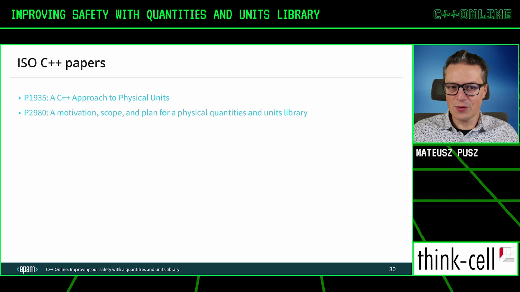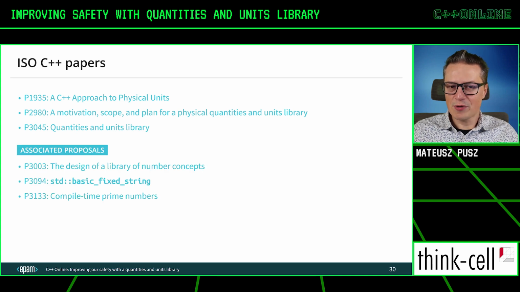We provided P2980, a motivation, scope, and plan for a physical quantities and units library. And right now, in the last mailing for Tokyo, which will happen in March, we will provide a paper with the quantities and units library with a lot of details. This is a long document, and a lot of design discussions will happen based on this document.